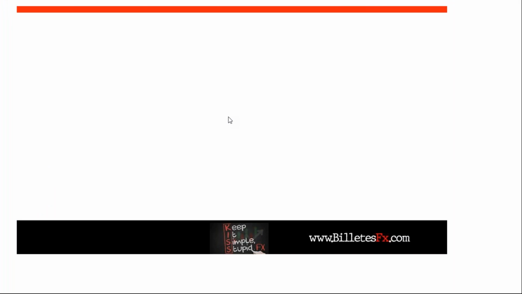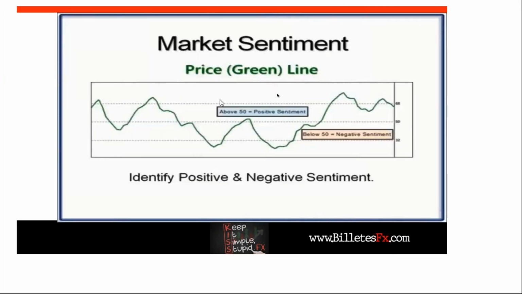Okay, so let's follow along here. Look at the current price. This is your green line. This is the price line, your current price. On TDI, remember, when they hit these levels, the 68, in this example, anything in this area is overbought.